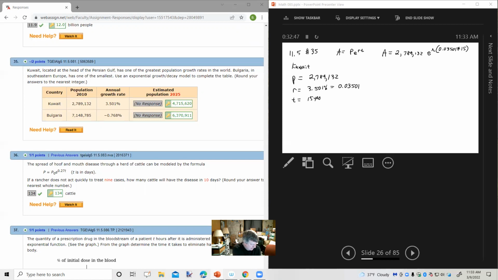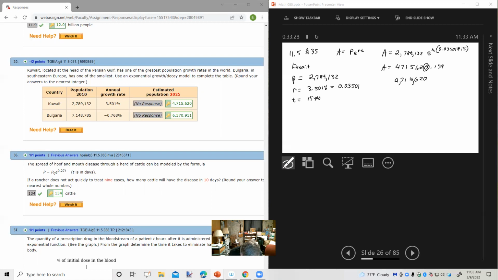Okay, so on the calculator, we've got 2,789,132 times e to the 0.03501 times 15, close it up, and I get A equals 4,715,620.159, and it says to round to the nearest integer.